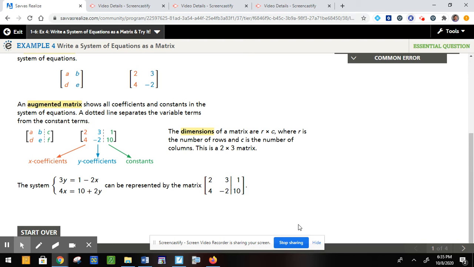We're not doing anything else with that in this example, or actually in the next example. Next lesson, we're going to talk about how to turn the matrix into getting a solution to the system of equations. But for right now, we're just practicing turning a system of equations into an augmented matrix. Okay, let's look at the next one.